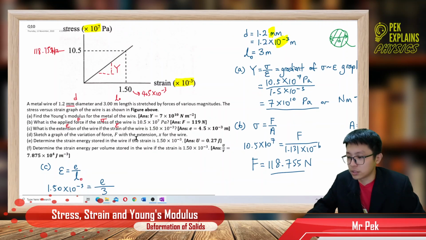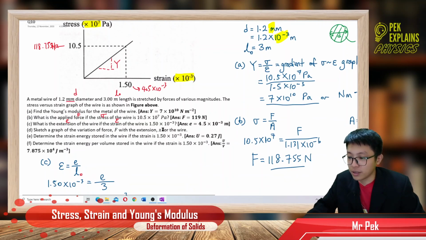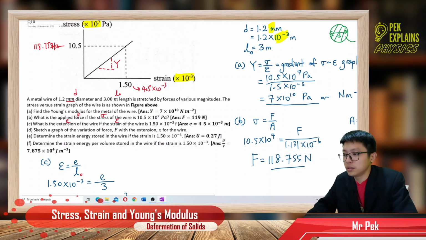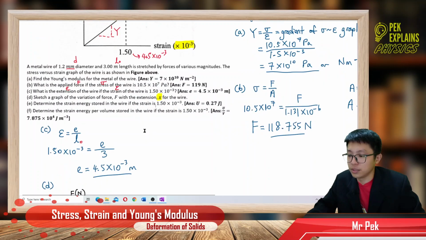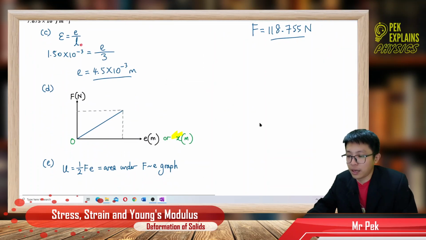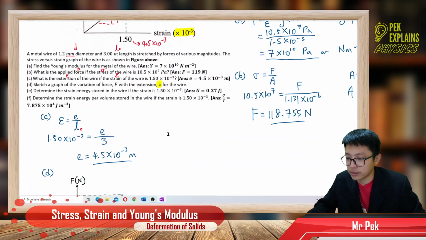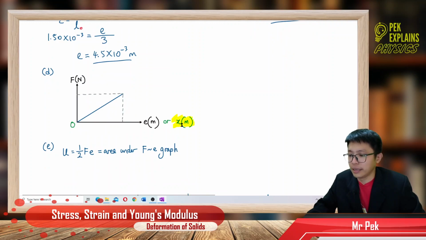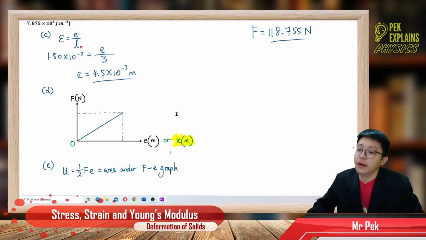But since he mentioned extension X, since he used X as symbol, this time we also use X meter. It's the same meaning as E.